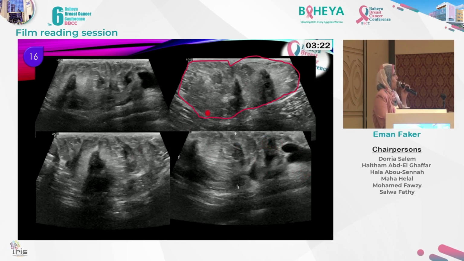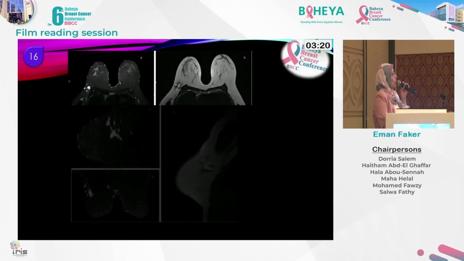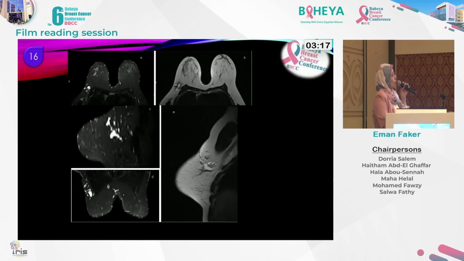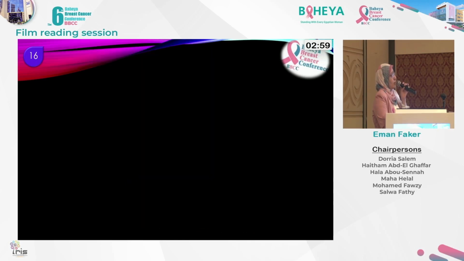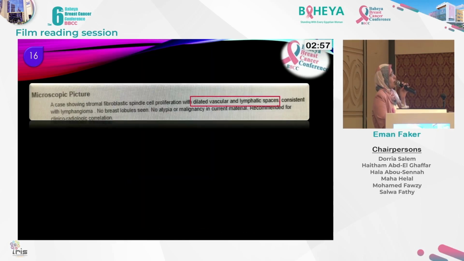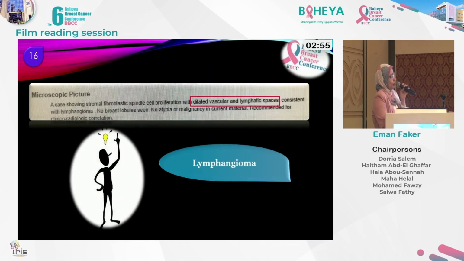We took a biopsy from this lesion, and before that we took a limited MRI study, T2 and STIR, showing dilated cystic spaces. And on clinical review, the patient had skin discoloration above this area with warts above this area as well since birth. On biopsy, it was lymphangioma.